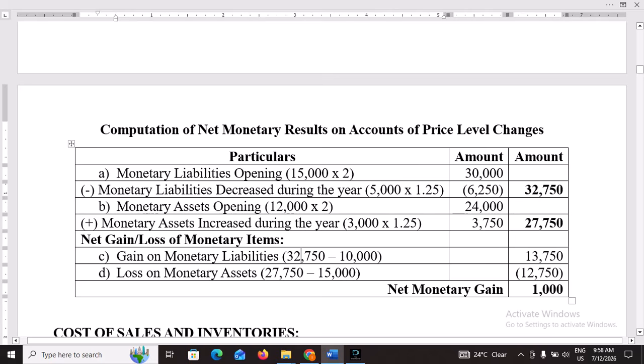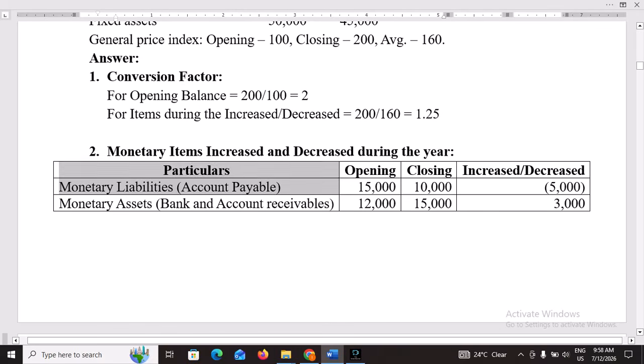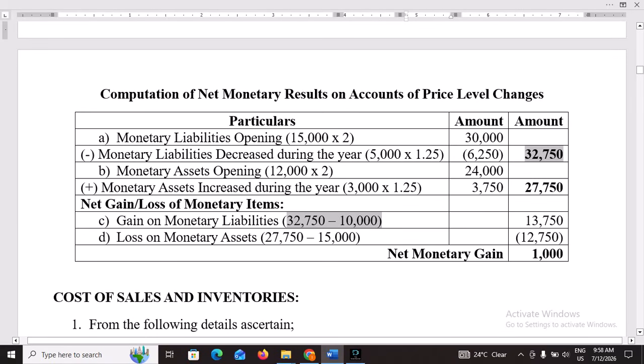So liabilities is 32,750 minus closing monetary liabilities of 10,000. 32,750 minus 10,000, the difference is 22,750. Correct. Positive on liabilities means gain on monetary liabilities.